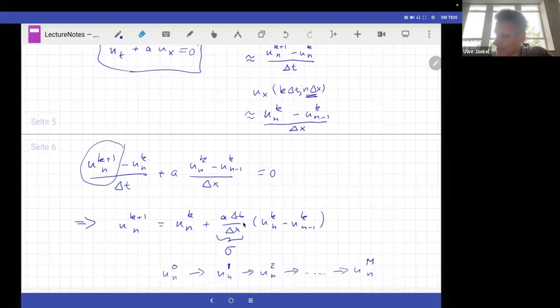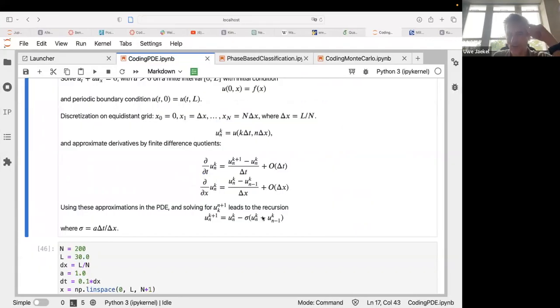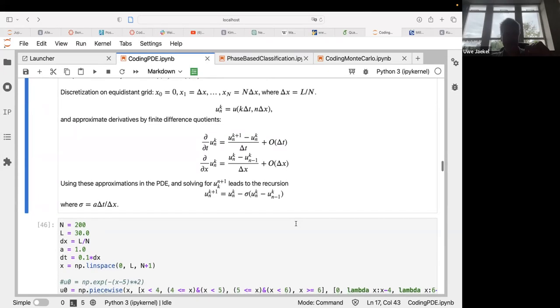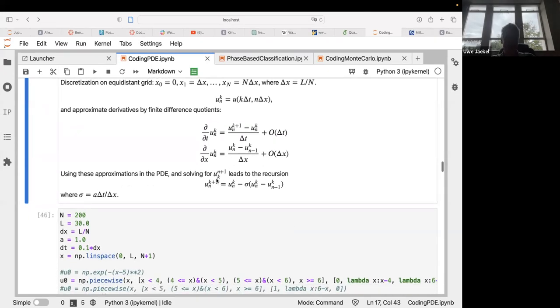We bring this to the right side of the equation, so this is the minus. So this is our iteration. We start at the initial condition, and then we find the new solution by just updating these steps.